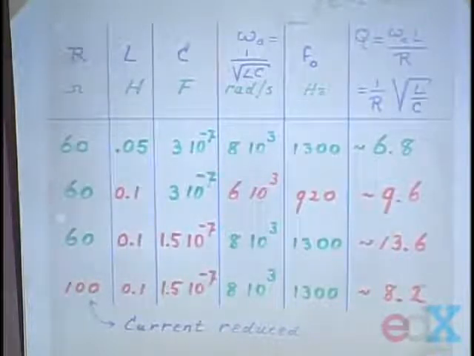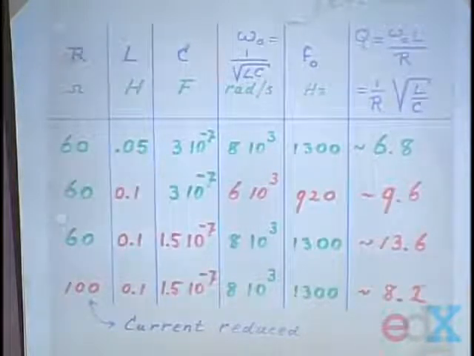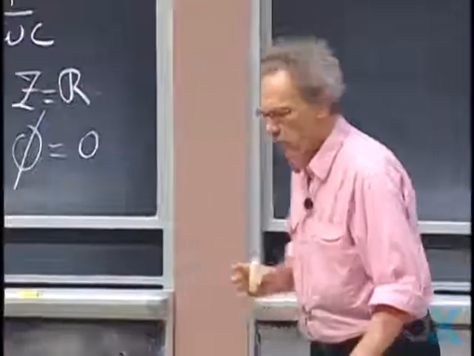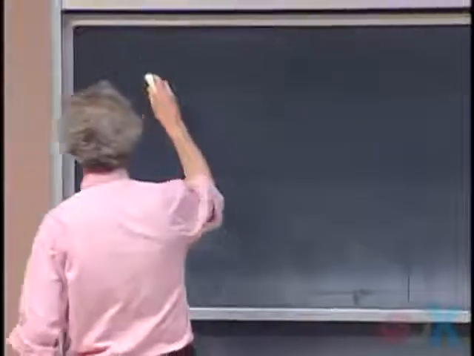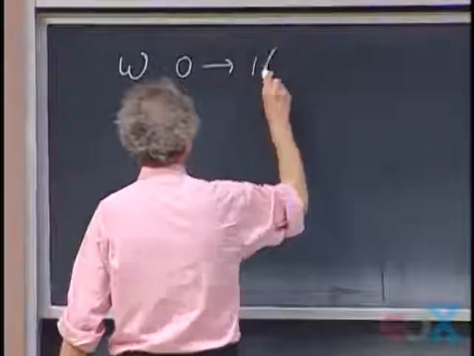And I give you here the resonance frequency, 8,000, in terms of omega, radians per second. This is the resonance frequency in hertz. And just in case you're interested, I give you the Q value there as well. And what I'm going to do now for you is I'm going to sweep the input frequency from 0 to 16,000 radians per second. So my omega can go from 0 to 16,000.